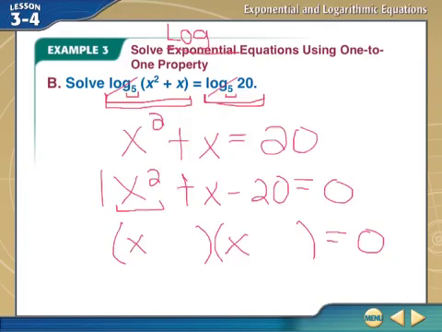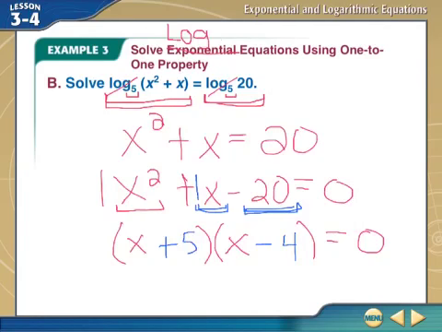And then I want to know the numbers that multiply to be negative 20, but add to be positive 1. Well, since my product is negative, I know I'm going to have 1 positive and 1 negative number. And I know that 5 is going to be positive and 4 is going to be negative, because 5 times negative 4 is negative 20. But when I add 5 and negative 4, I do get a positive 1, which is my middle coefficient.